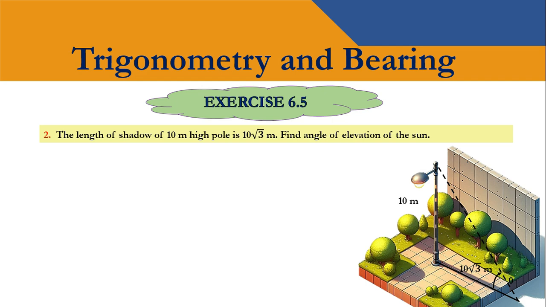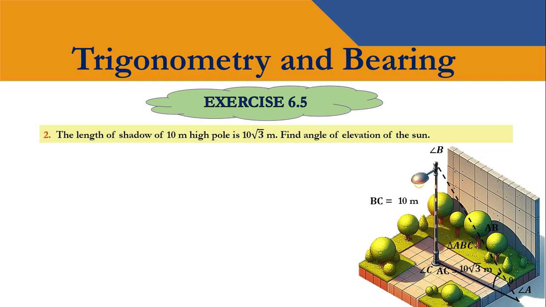Now this is a triangle, so this is triangle ABC. Naming the vertices of this triangle, angle A, angle B, and this is angle C. So the side AC is equal to 10 under root 3 meters, AB is the hypotenuse and BC is the perpendicular, the length of the pole, which is 10 meter.